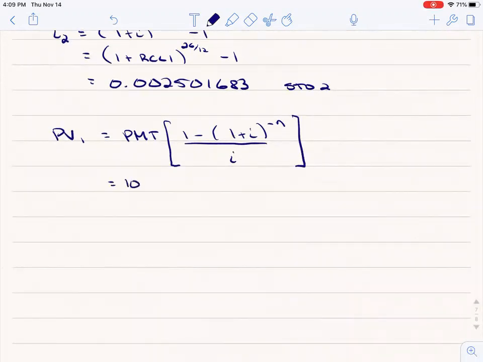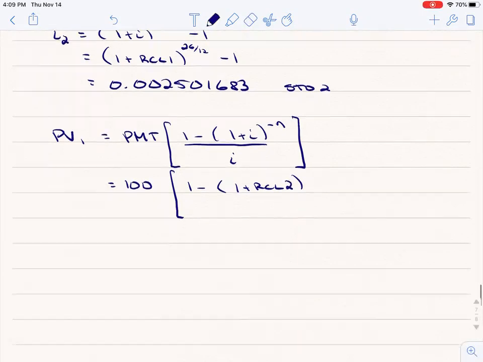The payment amount is $100 times (1 minus (1 plus recall 2) to the power of negative 60) over recall 2.